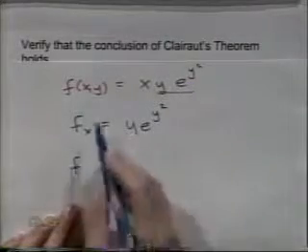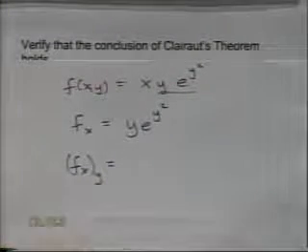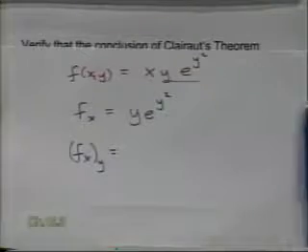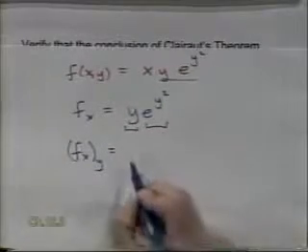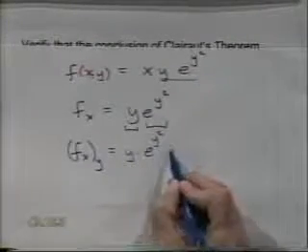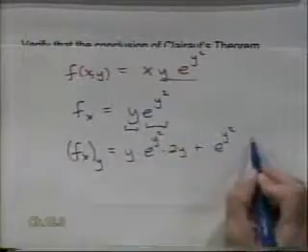Now, after we took the partial with respect to x, we want to differentiate with respect to y to get fxy. And this is just a u times a v. So it's first times the derivative of e to the y squared, which is e to the y squared times the derivative of y squared, which is 2y, plus e to the y squared times the derivative of y, which is 1.